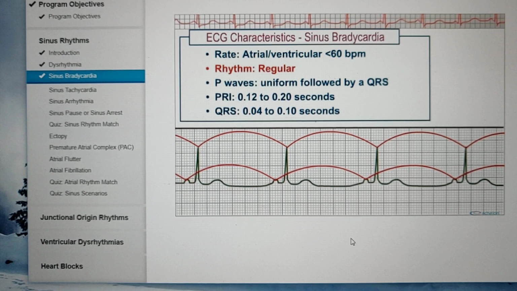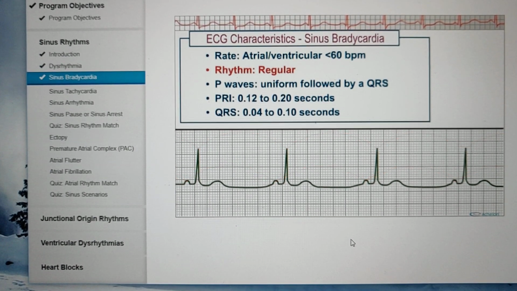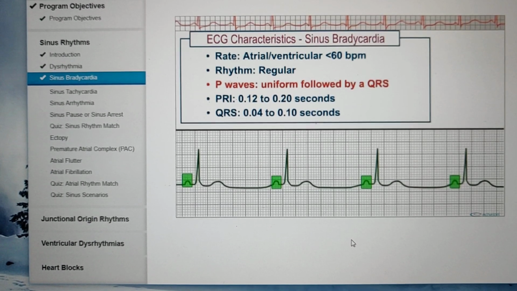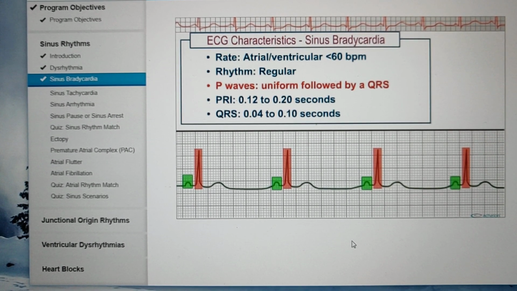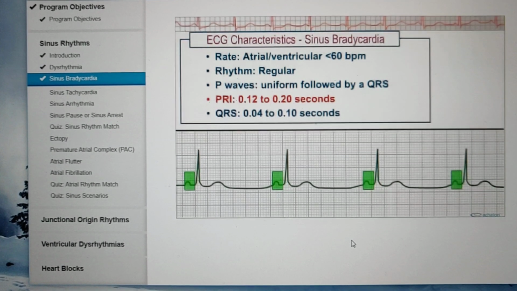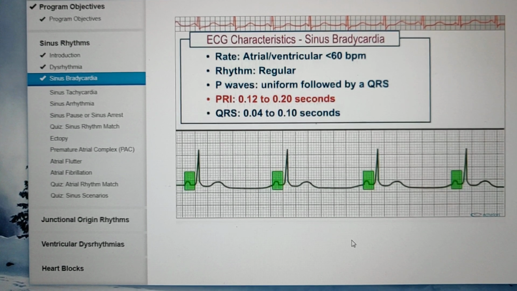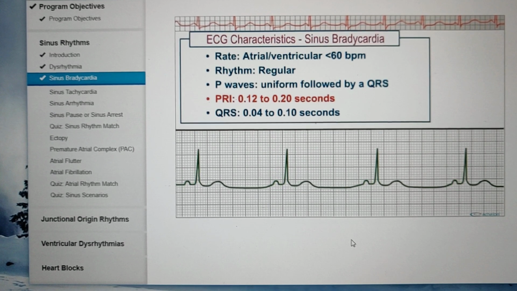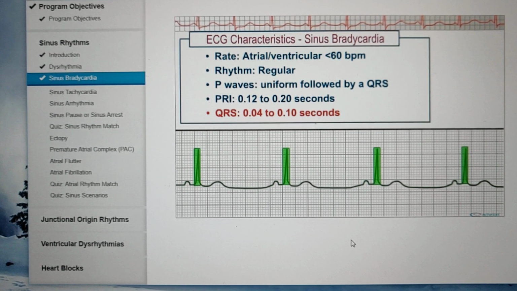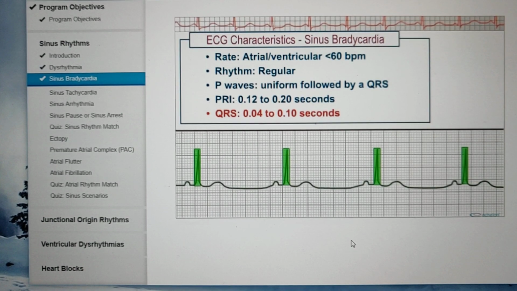Atrial and ventricular rhythms are regular. P waves. Uniform in appearance and followed by a QRS. PRI, 0.12 to 0.20 seconds. QRS, 0.04 to 0.10 seconds.